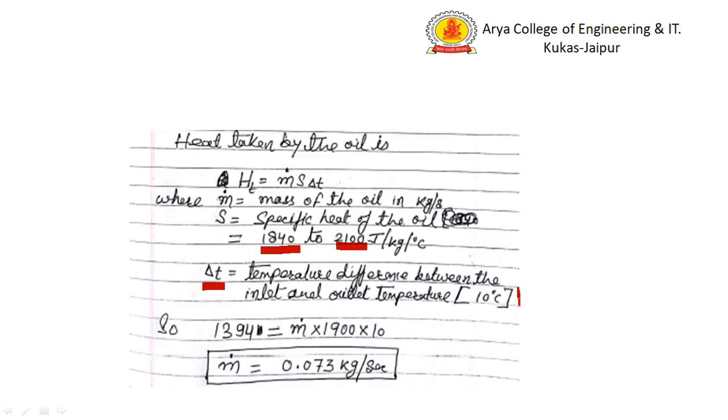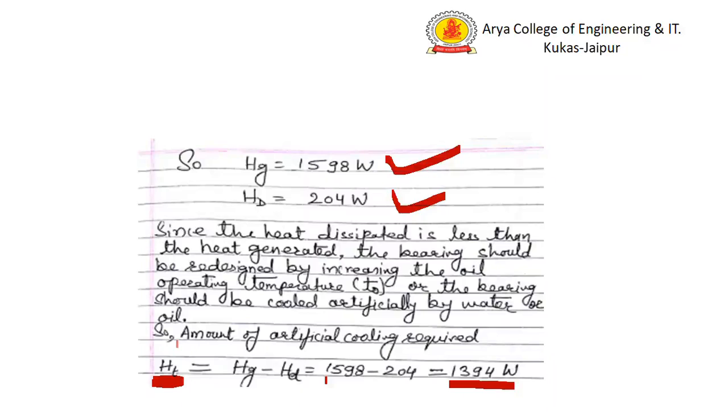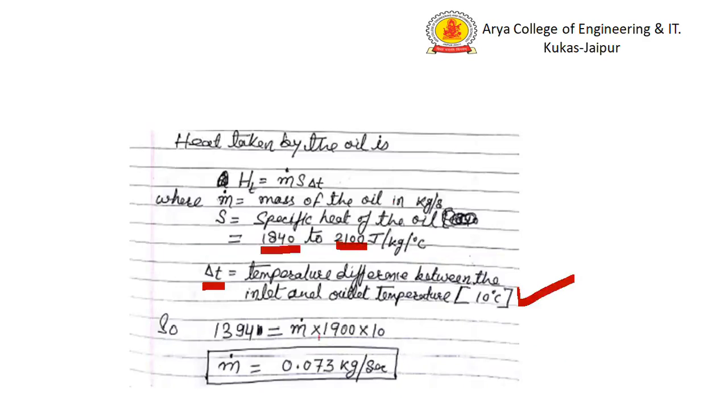Generally we can take this value as 10 degrees centigrade. So 1394, the cooling required, is equal to m dot times 1900, where we take S as 1900, times delta T of 10 degrees centigrade. So m dot comes to 0.073 kilogram per second, which is the mass flow rate of the oil for the cooling required.